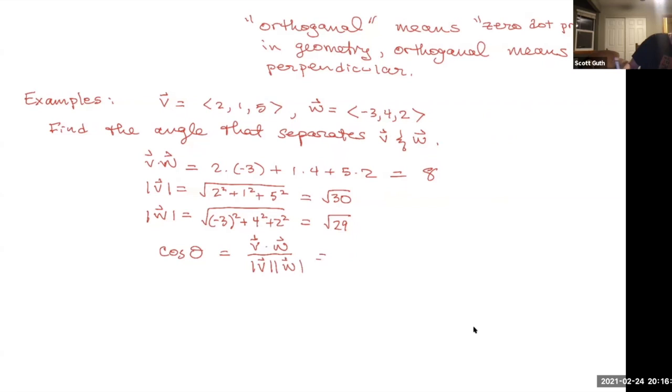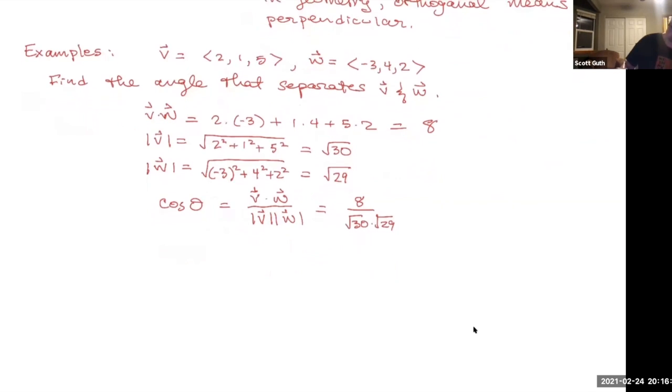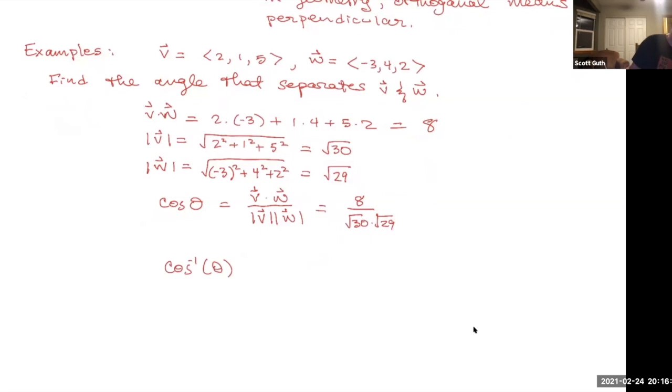Okay, so this is 8 over the square root of 30 times the square root of 29. And then, if you want, obviously you're going to take cos inverse. Okay. So, sorry, my bad. So theta is cos inverse of this.